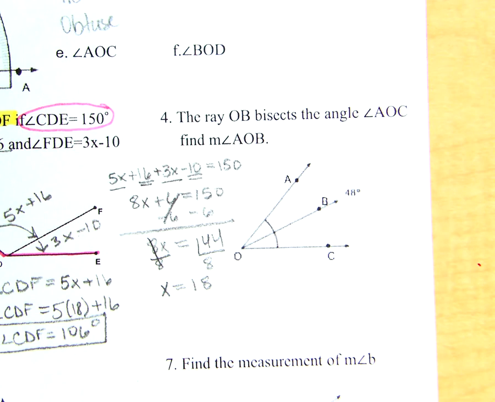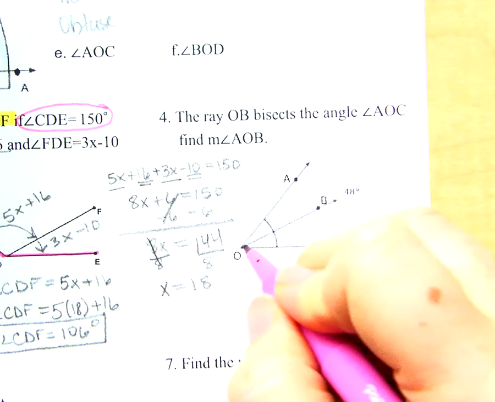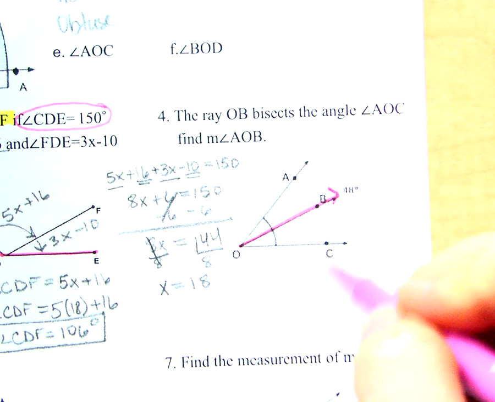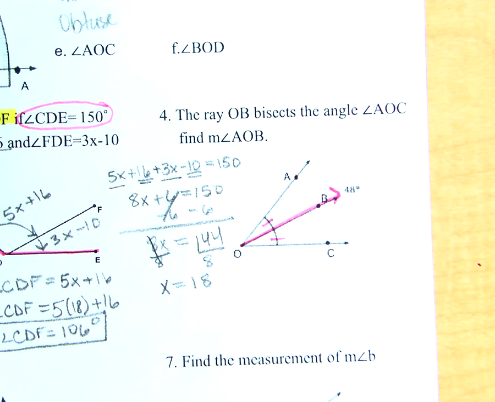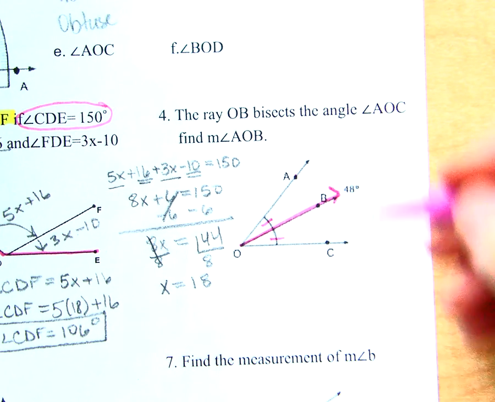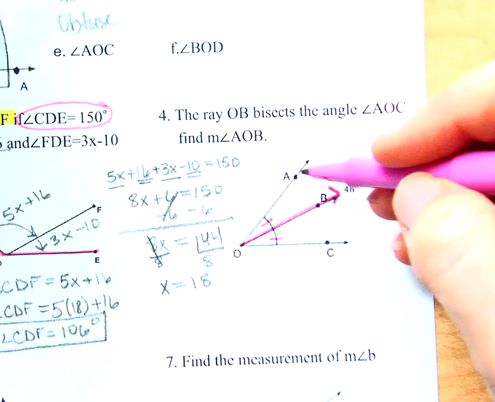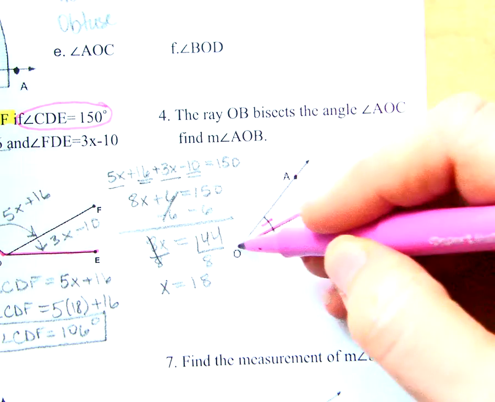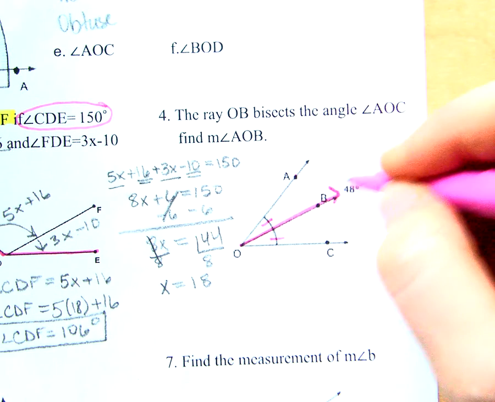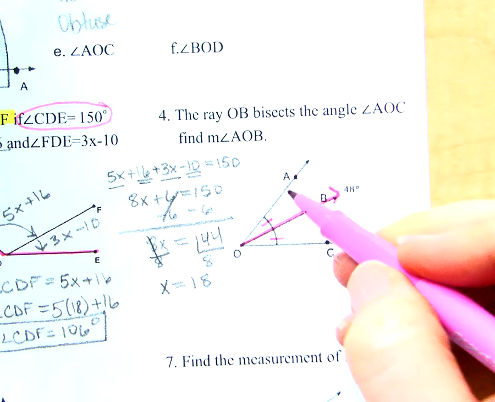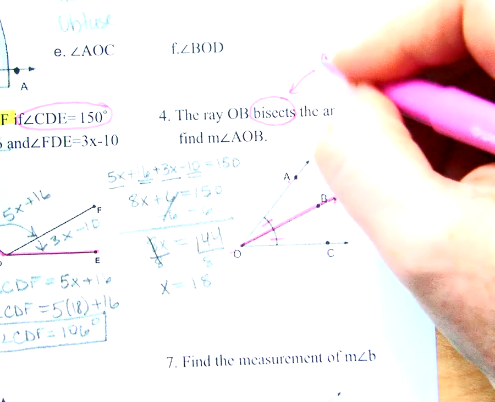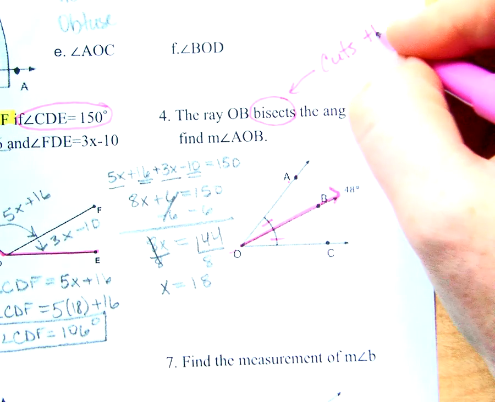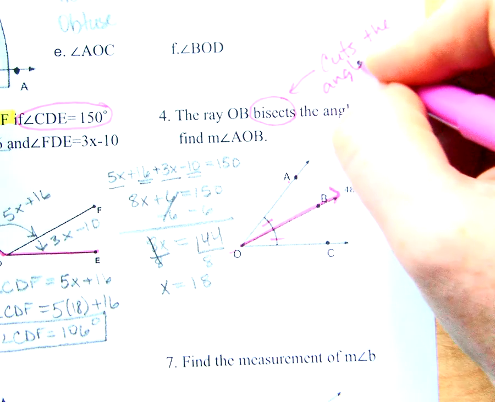All right, question number 4 says the ray OB bisects the angle. So OB bisects the whole angle, and I know these are going to be the same. We know that angle AOC is 48, so that's what that 48 out here is telling me. If I want to know AOB, all I have to remember about the word bisects is it cuts the angle in half.